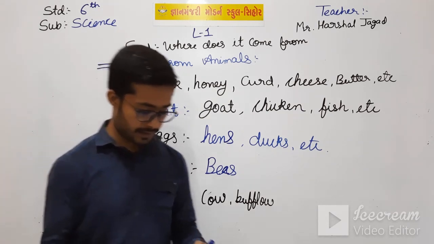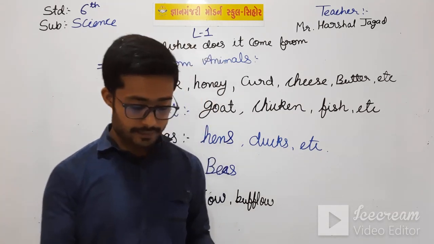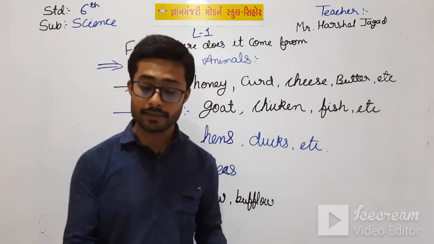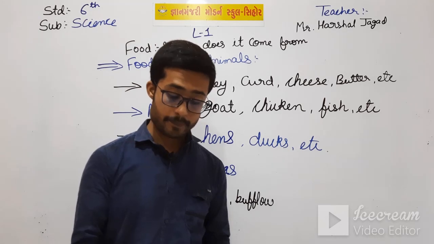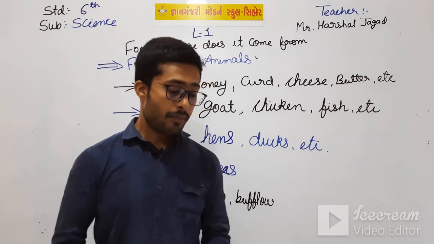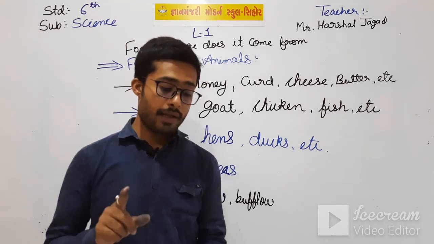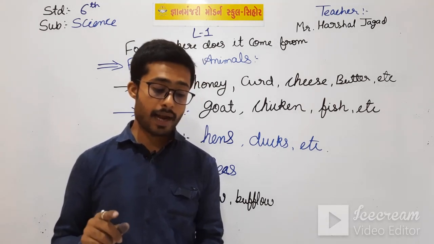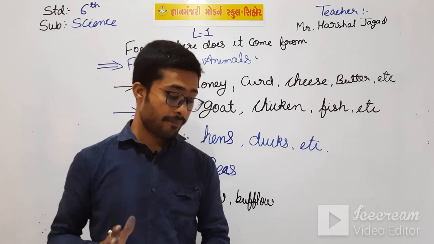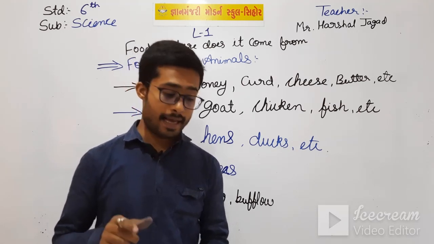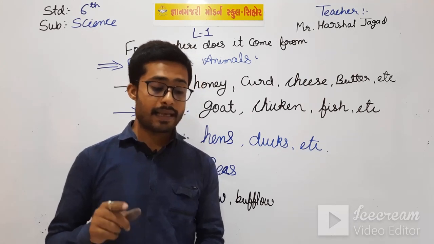So first we get food such as meat, eggs, honey, milk, cheese, butter and curd from the animals. Okay. So now meat, we get meat of animals such as goat, chicken, fish and prawns. Eggs, we get eggs from birds such as hens, ducks, geese.